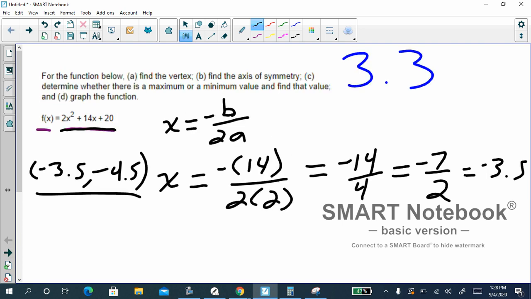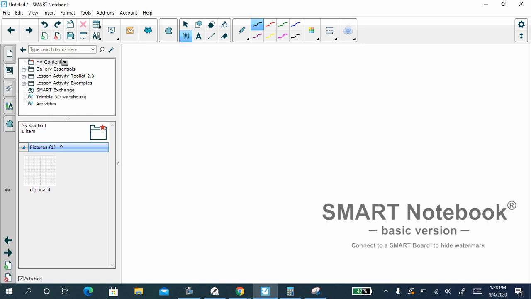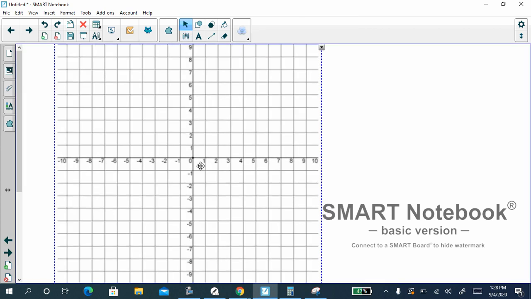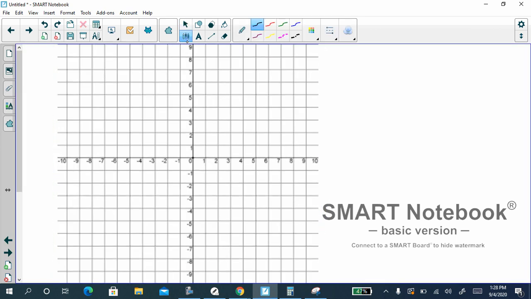So let's plot that. Let's pull up a graph. So if we take a look at our graph, our x is negative 3.5, our y is negative 4.5, so we would be about here. So these have what are known as axes of symmetry.